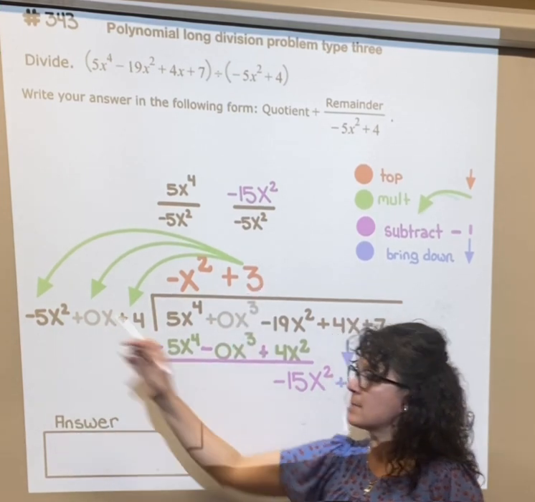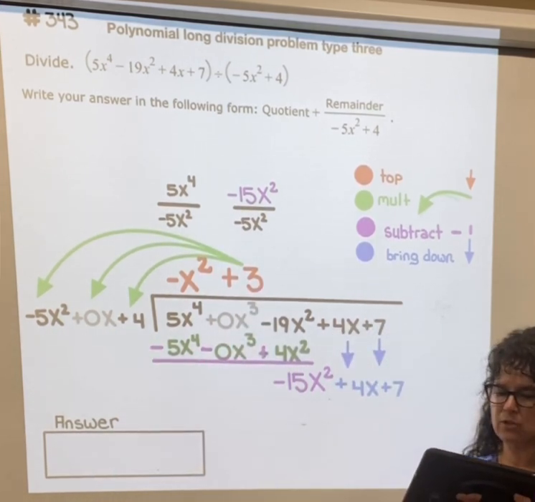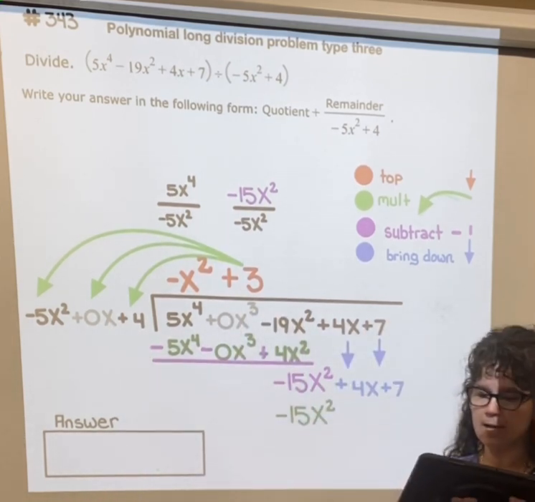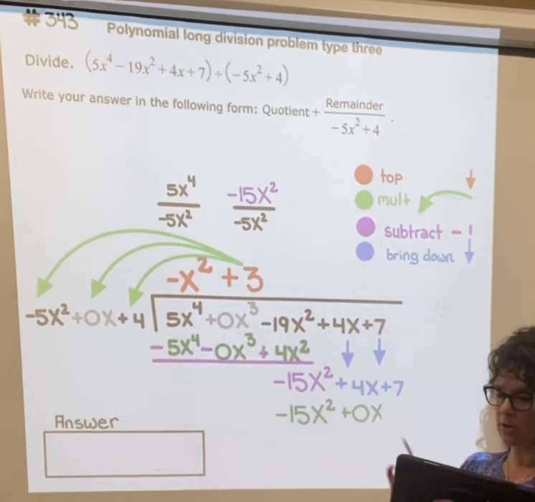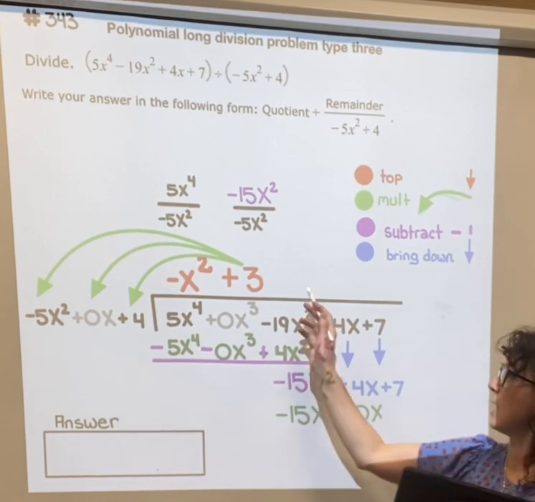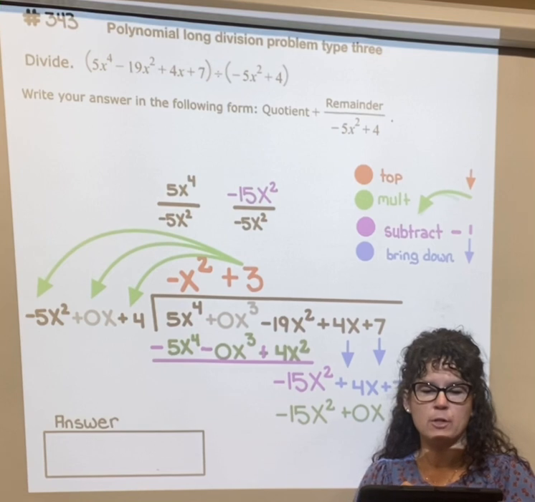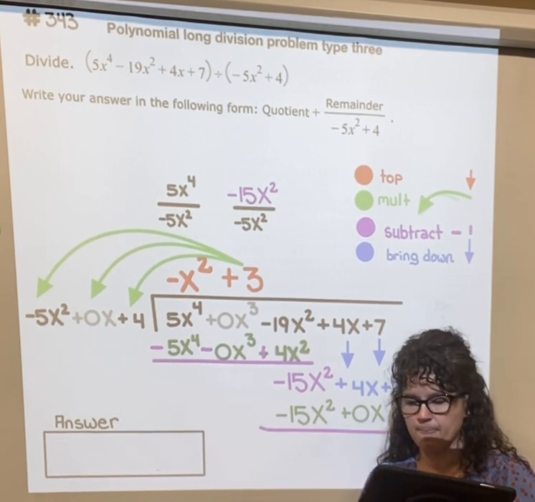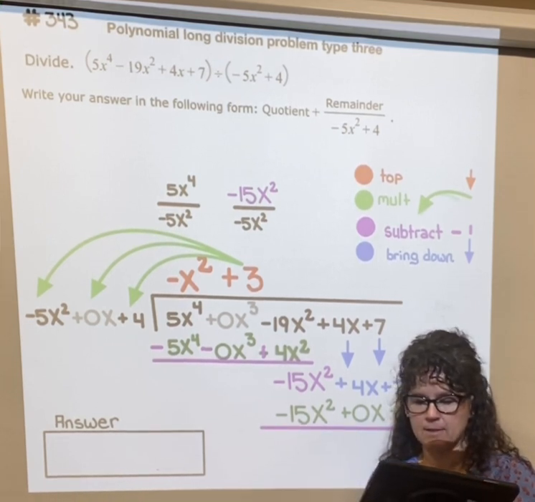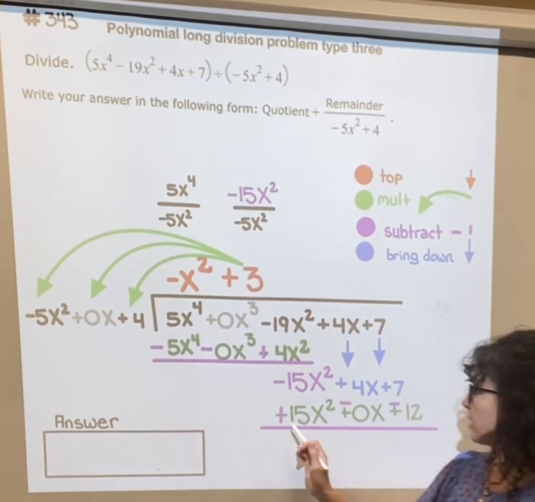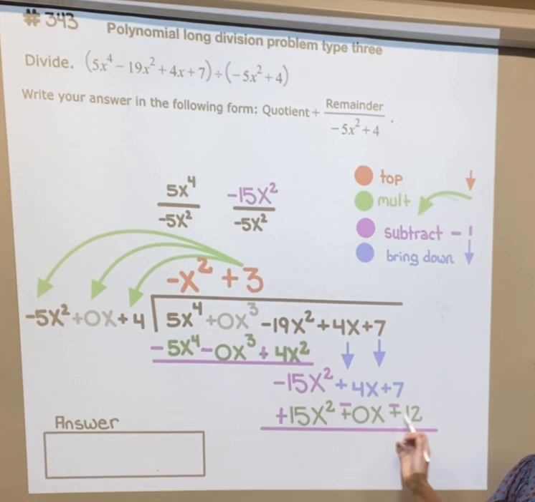So 3 times negative 5x squared is negative 15x squared. 3 times 0x is 0x. And 3 times 4 is 12. I'm going to draw my line and subtract, so changing the sign all the way through, plus, minus, minus.